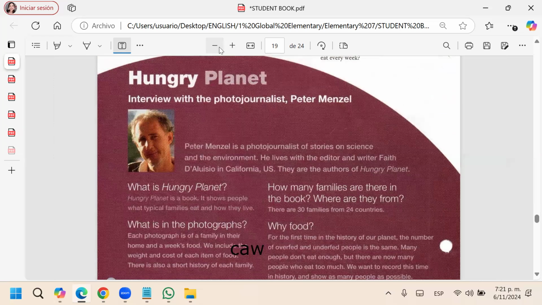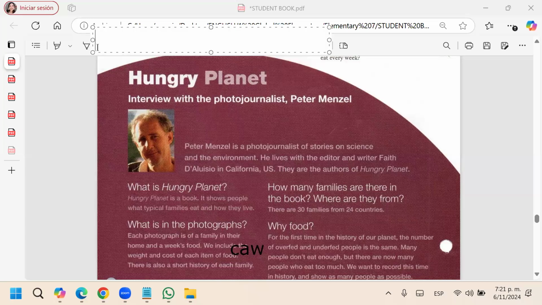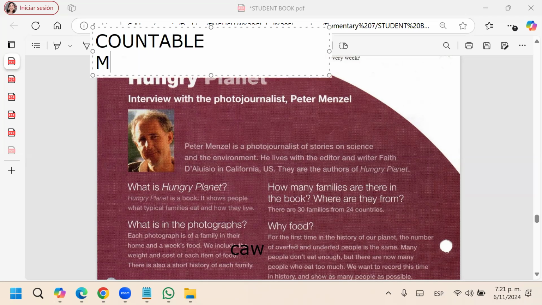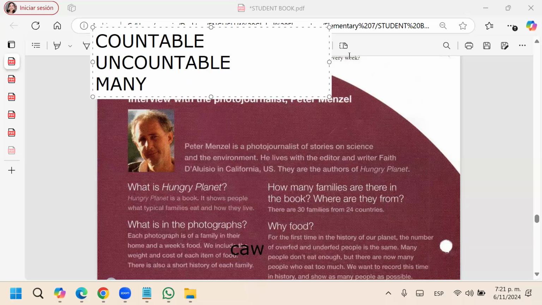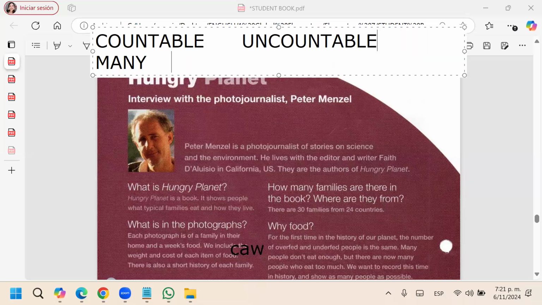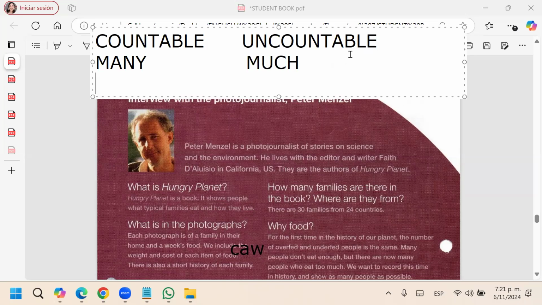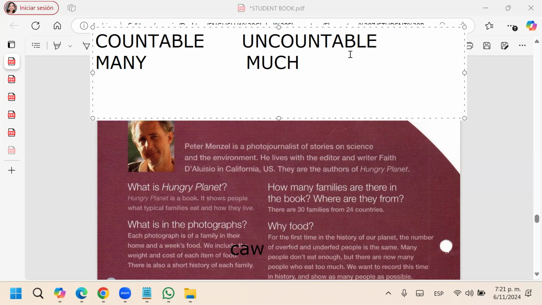Les voy a dar unos tips para que sepan cuándo usar many y cuándo usar much. Uncountable, much. Countable, many. Voy a empezar con uncountable, que es más fácil.